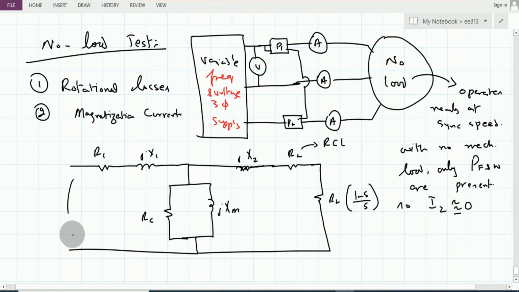Here we have V phase, this is the current I1, and this is the current I2.